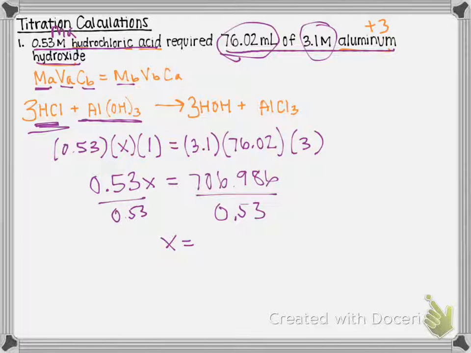X equals 1334 if you round it up. So 1,334. Your X is your volume of the acid, and volume is measured in milliliters. So that's how many milliliters you need of HCl.